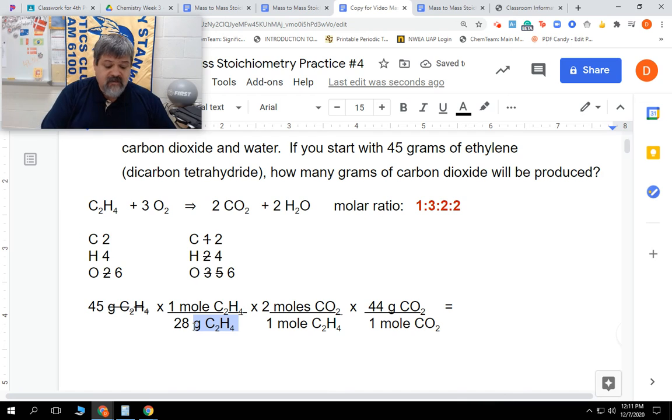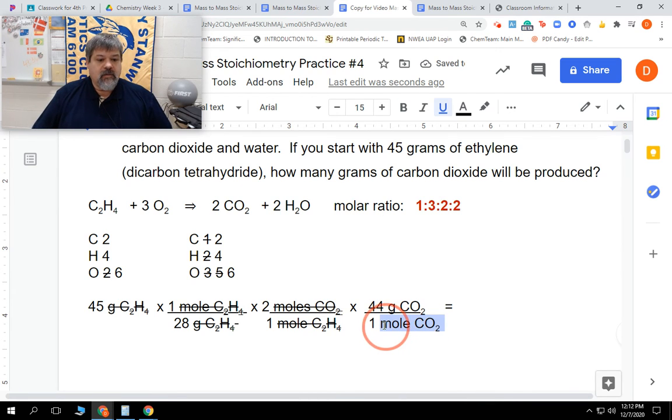And if you can't cancel everything out, then that means you did it wrong. So remember, 1 has to be on top, 1 has to be on bottom, because anything over top of itself is equal to 1. If they're not over top of themselves, okay, then we can't do that. So you have to make sure that you're putting them in the right spot, and that's one of the best ways. If they're both on bottom, you can't get rid of them.